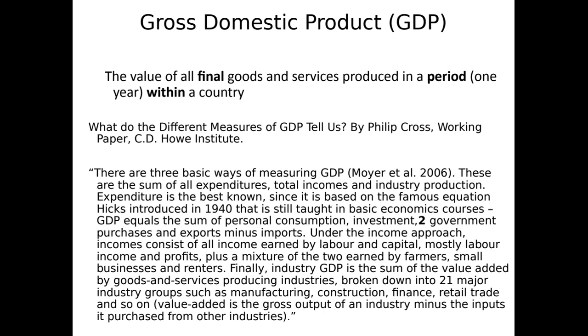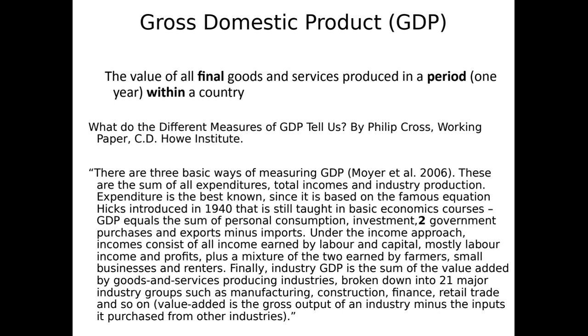Finally, industry GDP is the sum of value added by goods and services producing industries, broken down into 21 major industry groups such as manufacturing, construction, finance, retail trade, and so on. Value added, this is the definition of value added, is the gross output of an industry minus the inputs it purchased from other industries.